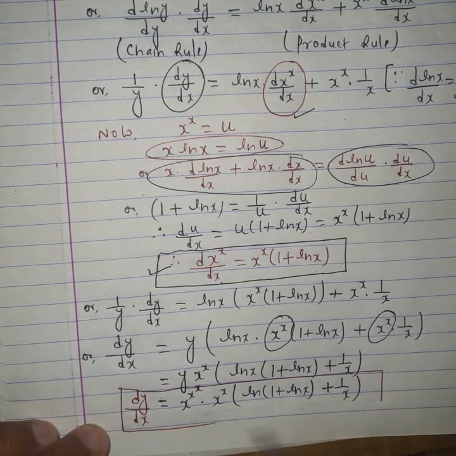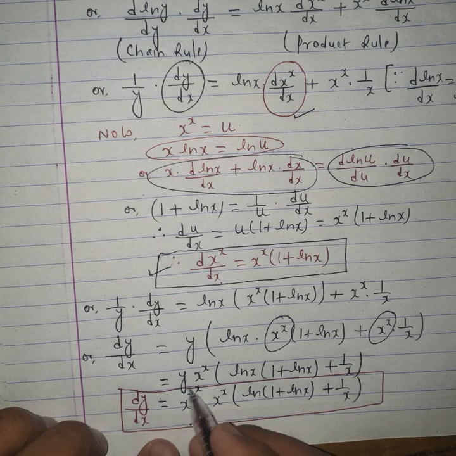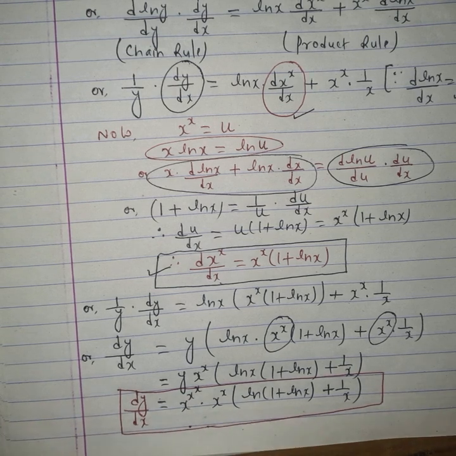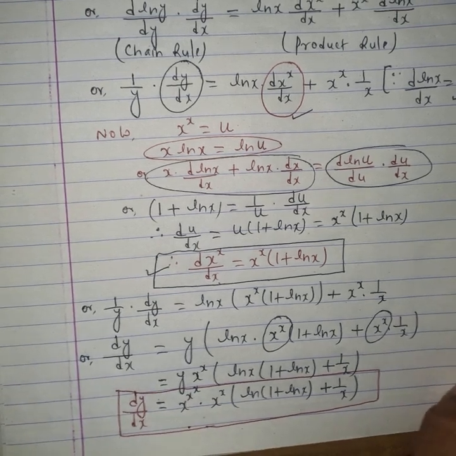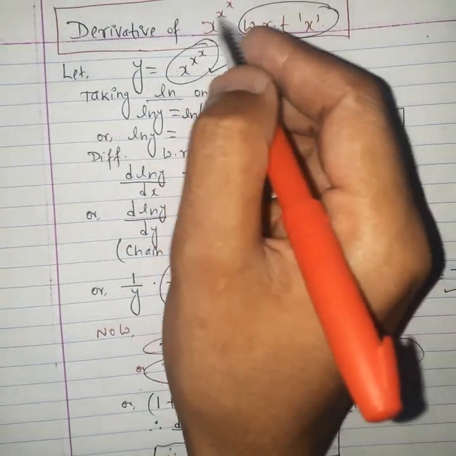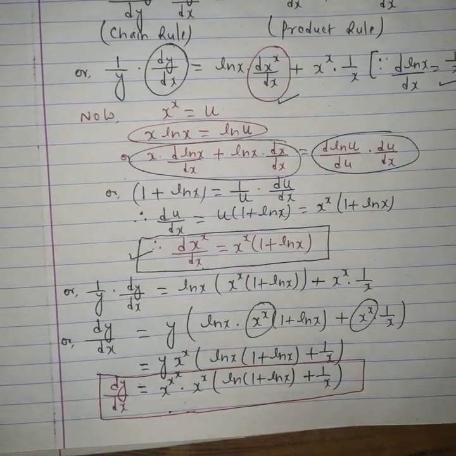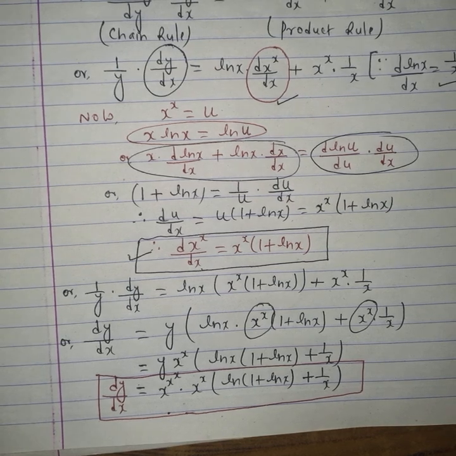The derivative of x raised to the power of x to the power of x is calculated as this function, our original function, times this one. This is the final answer of this particular question.